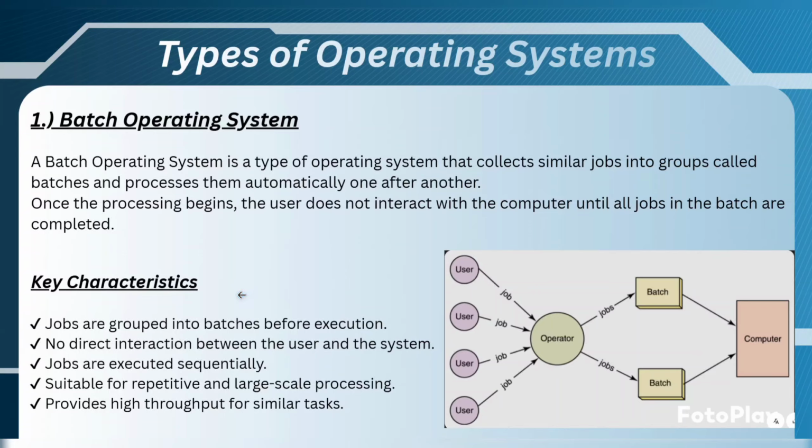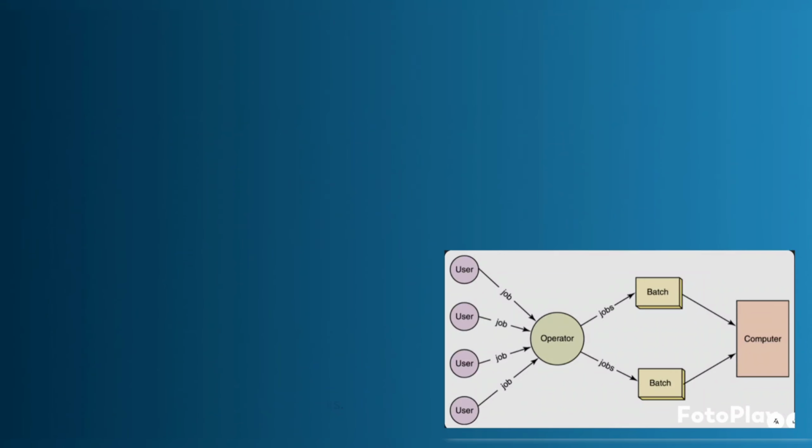Some important characteristics of the batch operating system are: jobs are grouped into batches before execution, as you can see in the figure, where users provide various jobs to an operator and the jobs are divided into batches. No direct interaction between the user and the system is needed. Jobs are executed sequentially, and it is suitable for repetitive and large-scale processing.